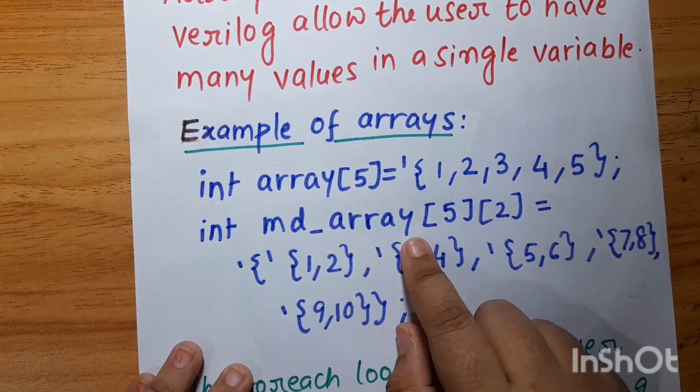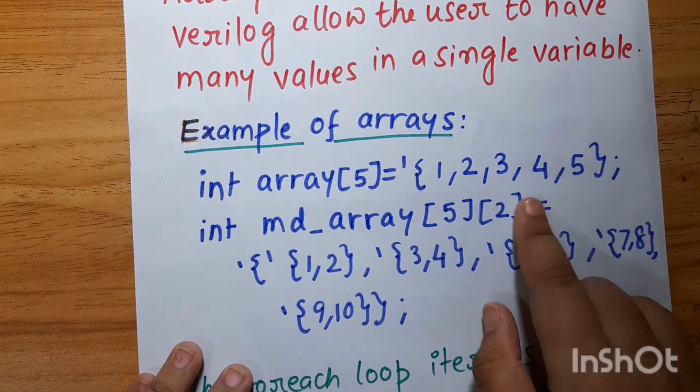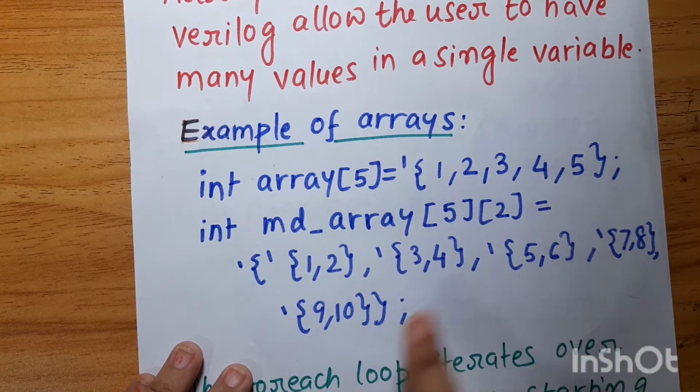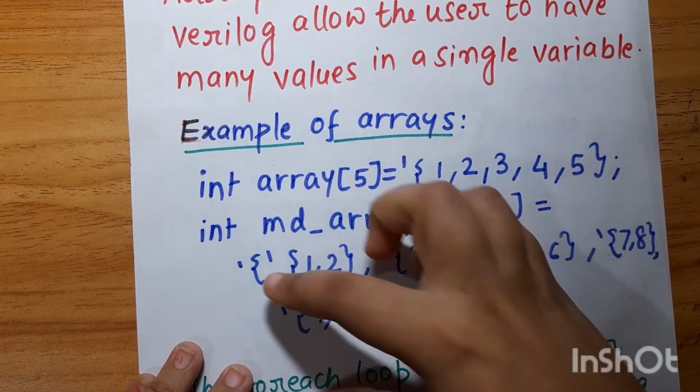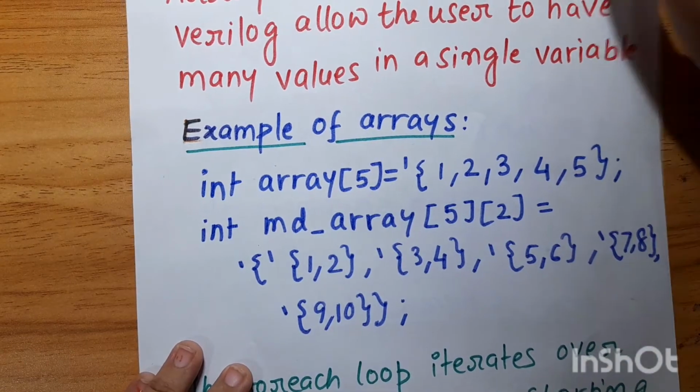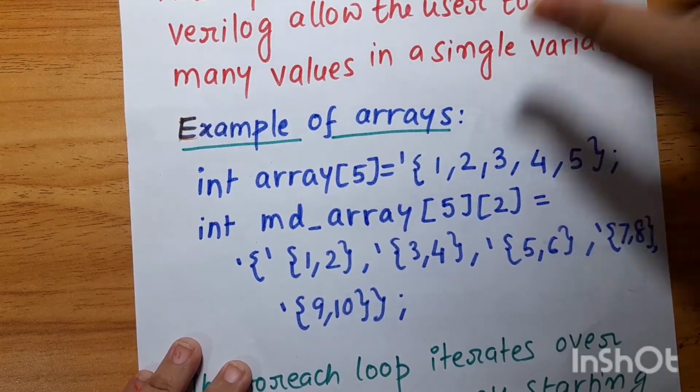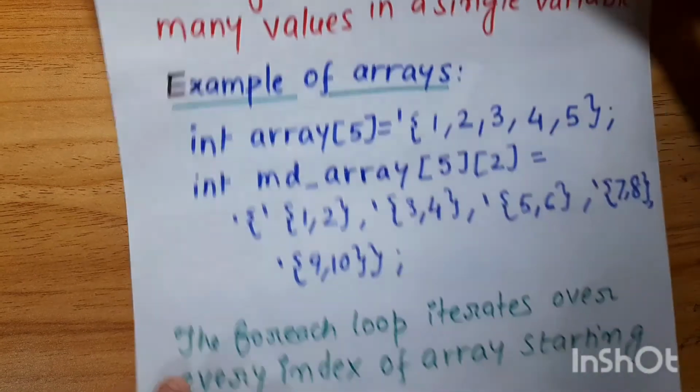Then md_array[4][0], 9 will get stored. [4][1], 10 will get stored. This is how the storage of data in memory happens for this two-dimensional array, and this is single dimensional.